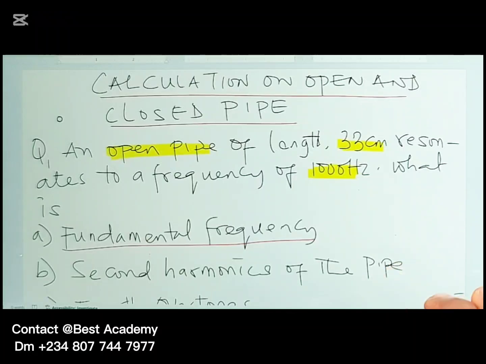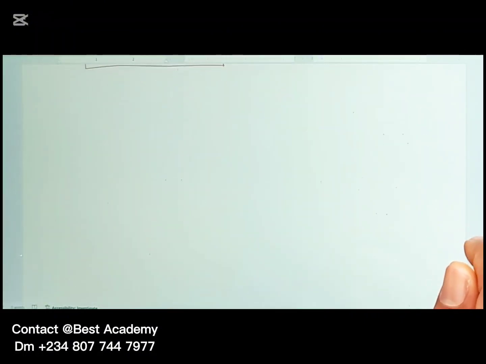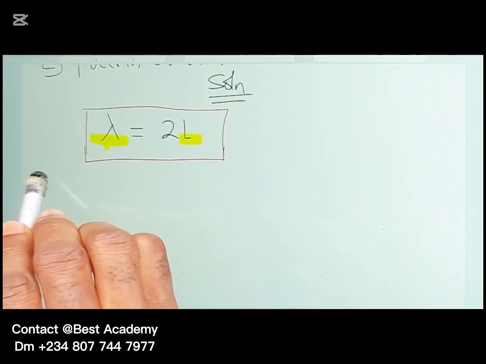We can also call it first harmonics. Either I call it fundamental frequency or you call it first harmonics. Please take note. So this frequency given to us in this question is standing as our fundamental frequency.